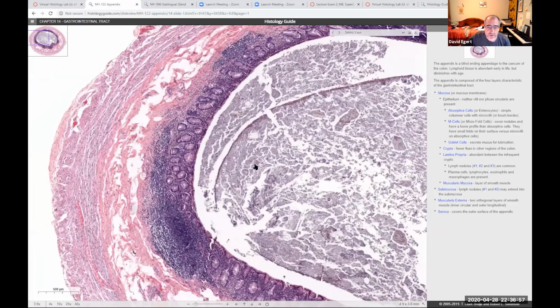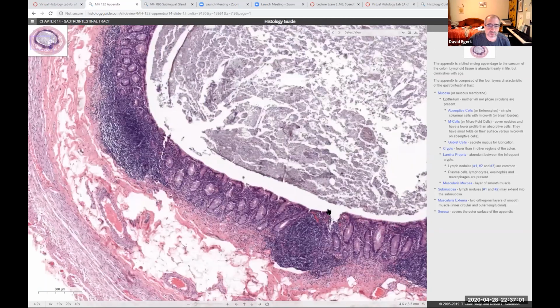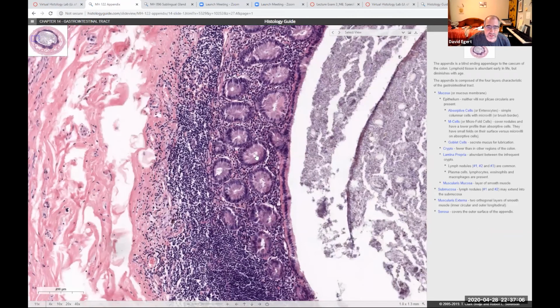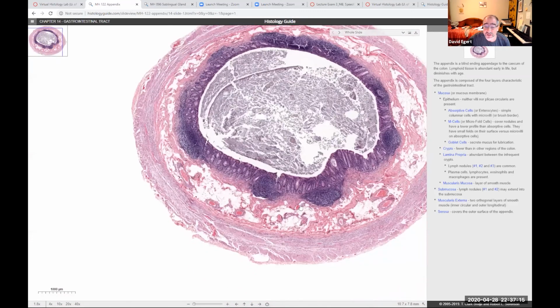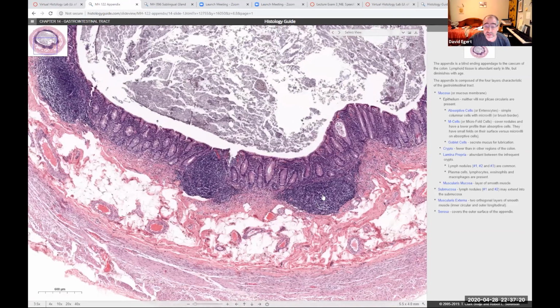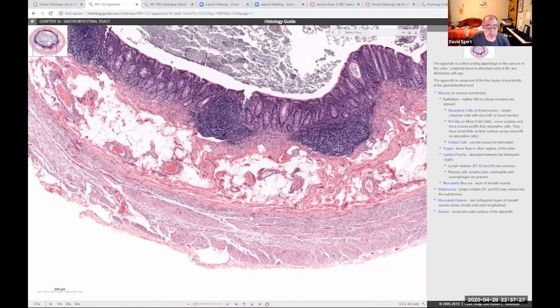Yeah, you can see over here the same little crypts, but now you can see the hole, the gopher hole, and the cells surrounding it, right? And you also see a whole lot of lymphatic tissue. This is all lymphatic tissue, more lymph nodules here in the submucosa, more MALT. And then if we look here, there's circular layer of smooth muscle and longitudinal layer of smooth muscle.